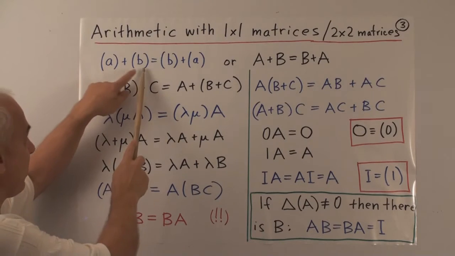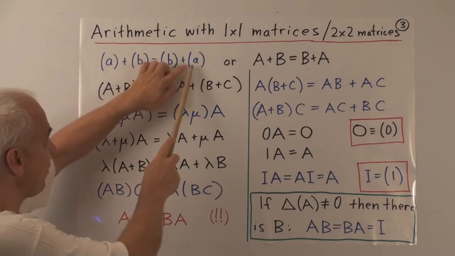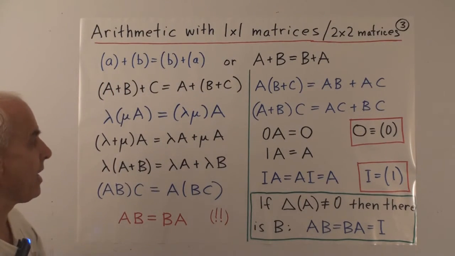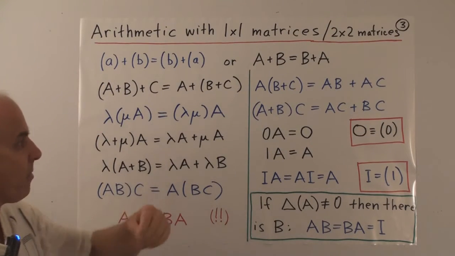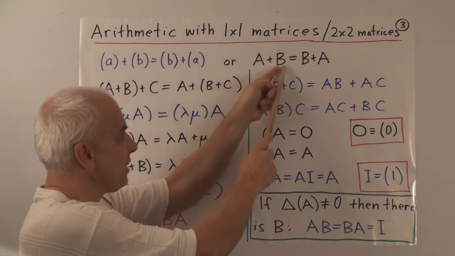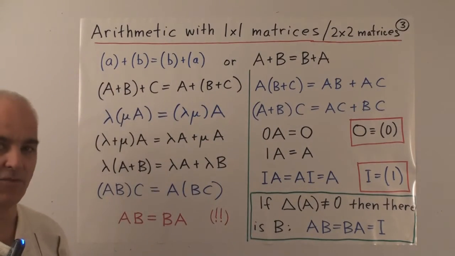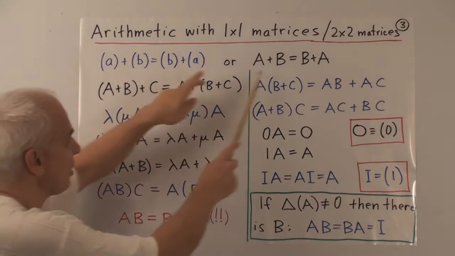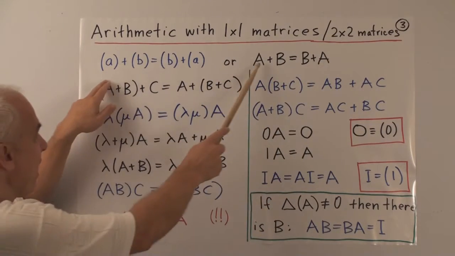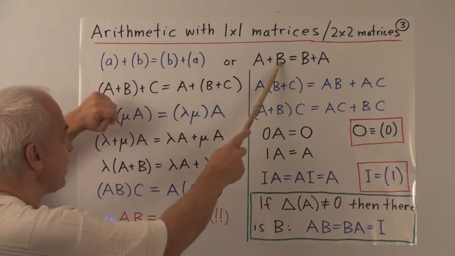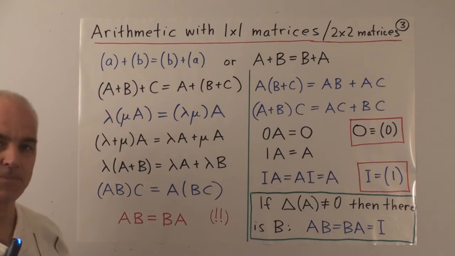All right, so here is one law, the commutative law for addition for one-by-one matrices. That the matrix A plus B is equal to the matrix B plus the matrix A. Now, I prefer to rewrite this in a slightly more general form by talking about the names of the matrices rather than the matrices themselves. So instead of writing this, I'm going to prefer to write simply A plus B equals B plus A, where I'm thinking of A as representing this matrix and B representing this matrix.